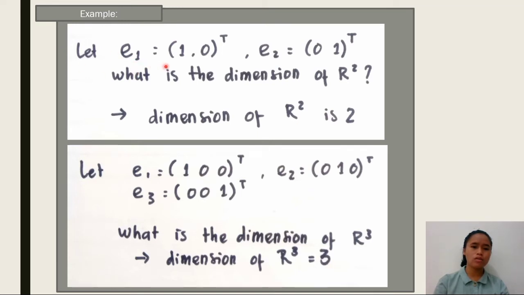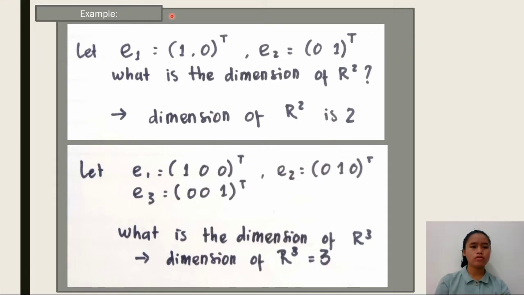Let a1 and a2. What is the dimension of R2? The dimension of R2 is 2. And with a1, a2, and a3, what is the dimension of R3? The dimension of R3 is 3.